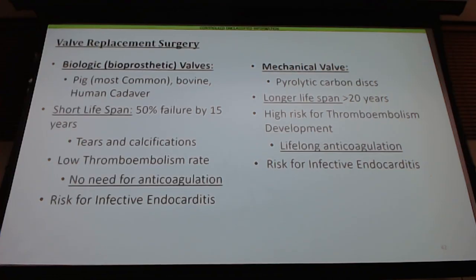The downside of the biologic is it doesn't last for very long. So, within 15 years, 50% of biologic heart valves are going to fail. So if you have an 80-year-old who gets this, because they fall all the time, they get a biologic, what are the chances they're going to get to 95? Unlikely, right?